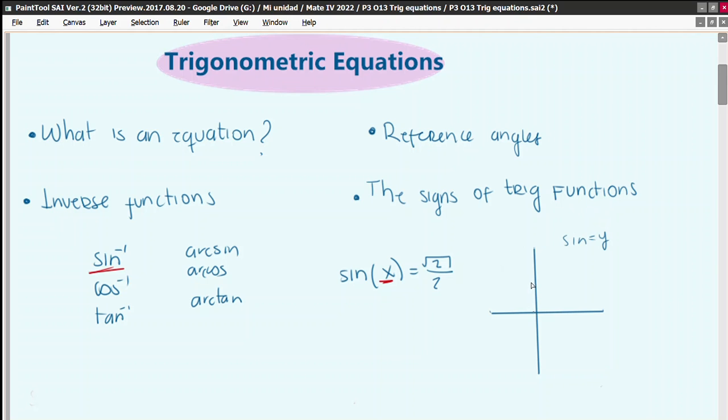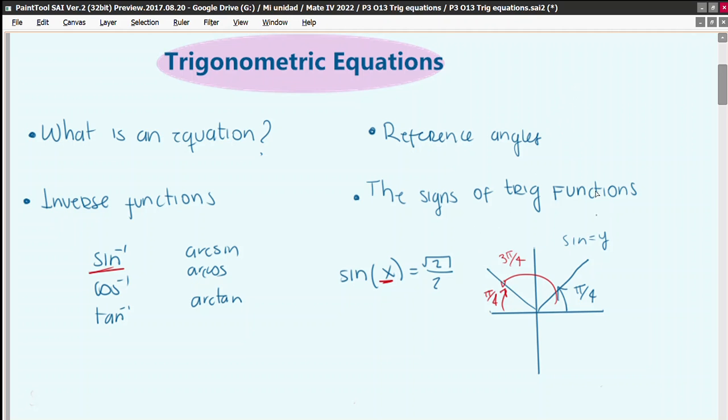And you know that there are two possible angles whose sine gives me square root of 2 over 2. And that is the pi fourths angle or the 3 pi fourths angle. Or in other words, there are two angles whose reference angle is pi fourths, and they give me the same solution.